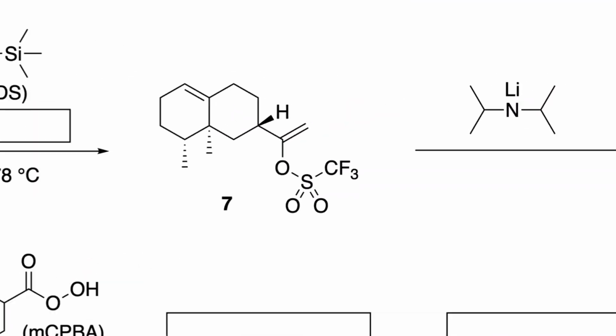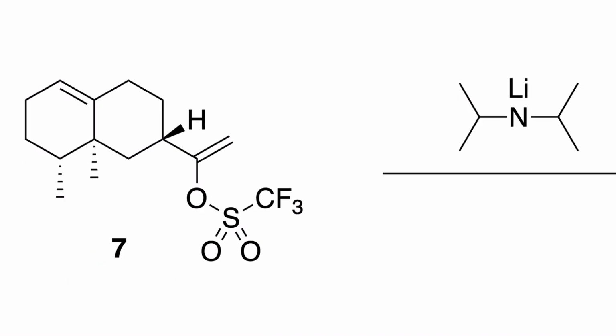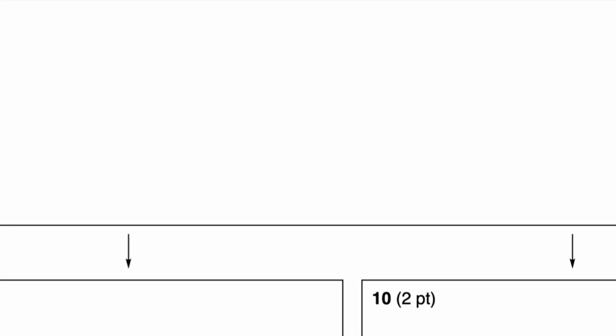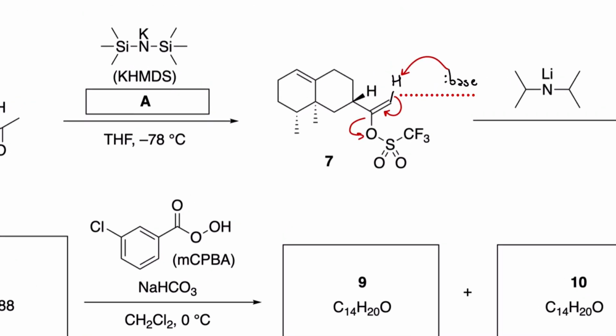That to me looks just like a normal E2 elimination, right? Here we have a base coming over, grabbing this proton, and kicking out the triflate group, which is a really good leaving group in itself. So 7 to 8, 8 should be an alkyne. So 8 should contain a triple bond.